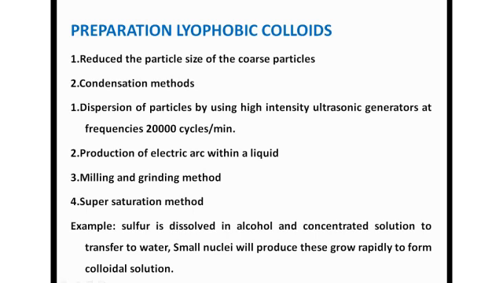This is the supersaturation method. We have dissolved the sulfur in alcohol, and just transfer this sulfur alcohol solution to the water. Initially smaller nuclei will form, and they will grow in size to form the colloidal dispersion.